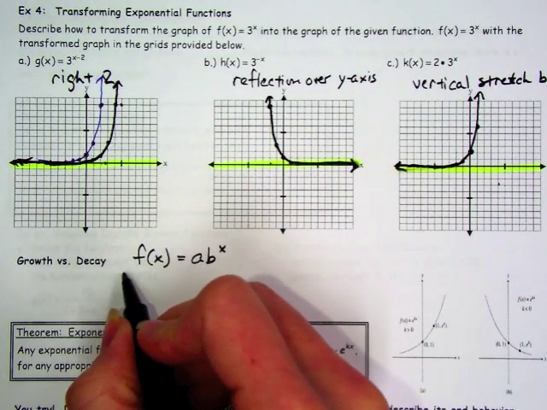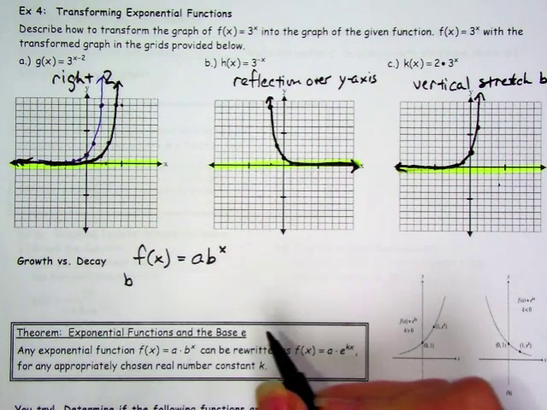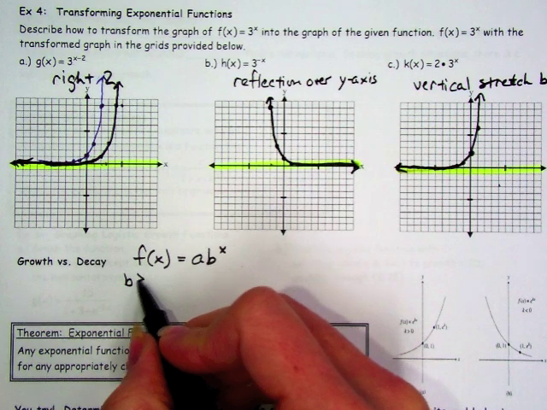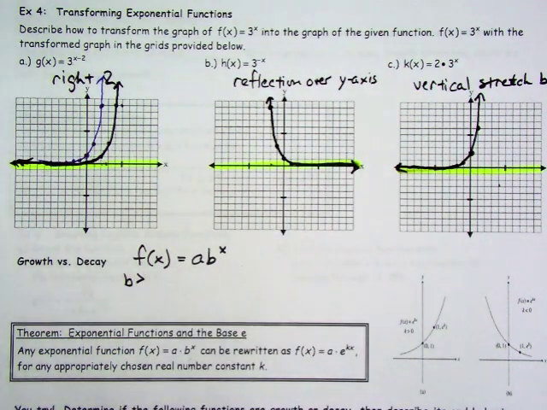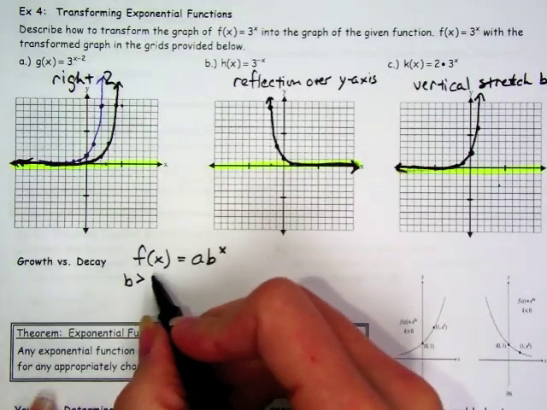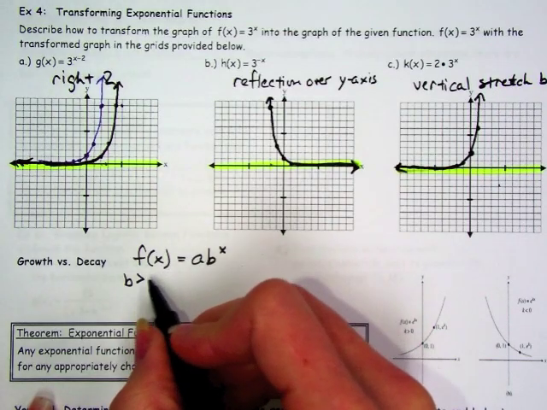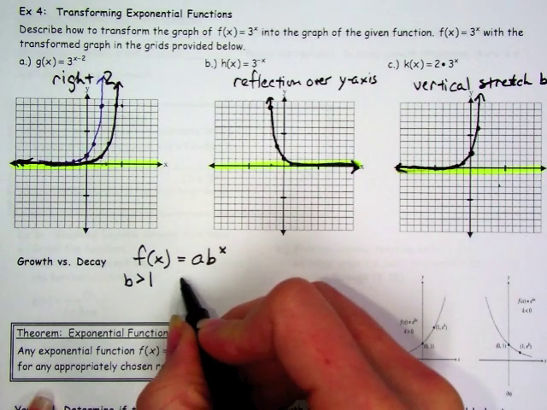If my base is bigger than 1, so I have something like 3 or maybe 2 or maybe even 1.1, and I put larger and larger exponents on it, say 2 to the first is 2, 2 to the second is 4. Anything bigger than 1, if I put larger and larger exponents, I get a larger function value. So greater than 1 is going to give me growth.